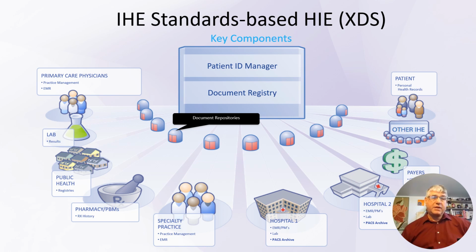XDS is a set of specifications based on EB-RIM that support the centralized registry that holds the metadata, either centralized or distributed document repositories that hold the documents themselves, and including some companion profiles that support things like patient ID management, value set and terminology communications, consents, security, and others.